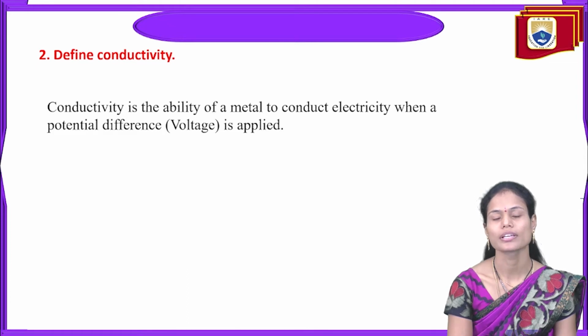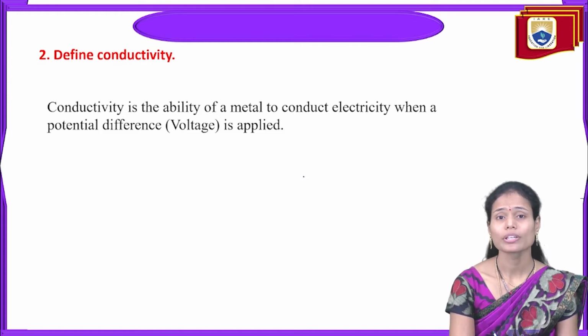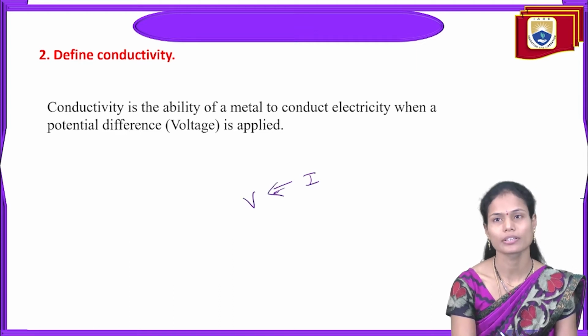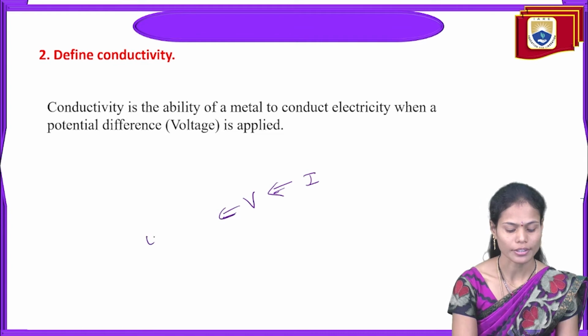So how much current it provides, proportional to the applied input voltage, indicates the conductivity of that particular metal or material. That current depends upon how much voltage we are applying to that particular conductor.